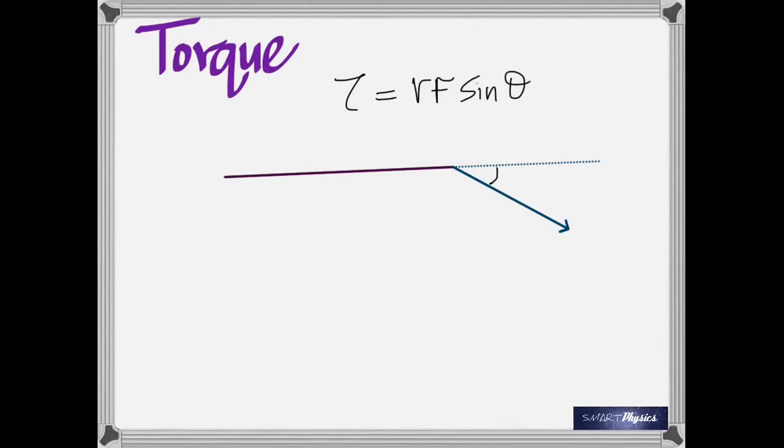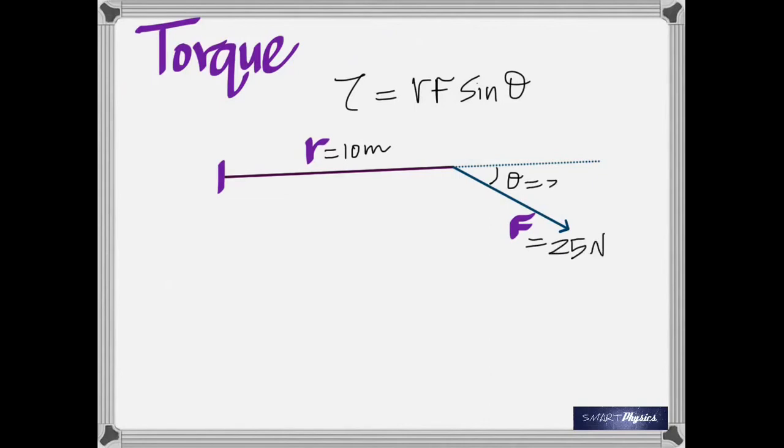R is the distance. The force is acting along this line. The angle between the line of action of the force and the distance is theta. And we're calculating the torque here. So that's R, that's F, and you can see theta.